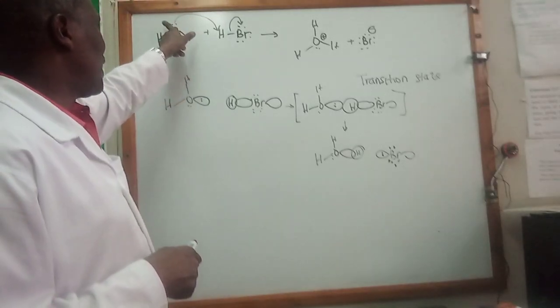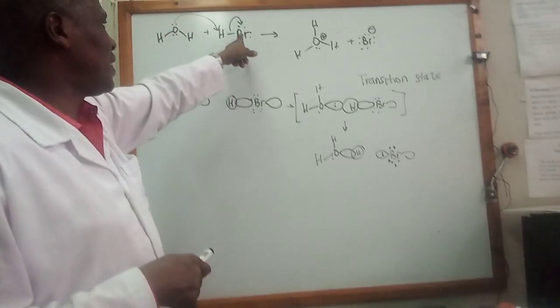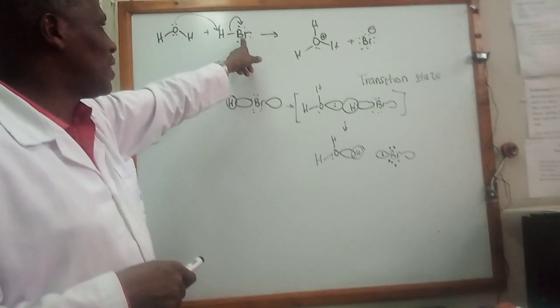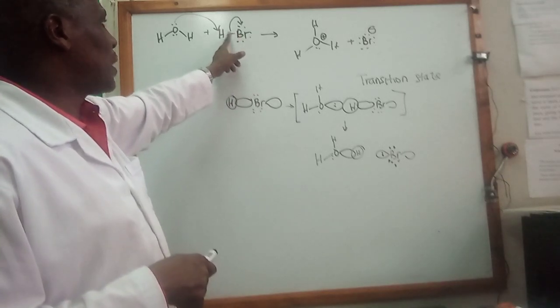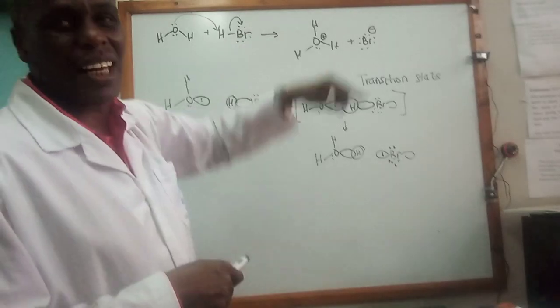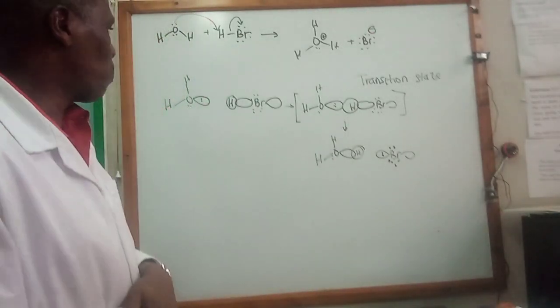If an atom has got two lone pairs, please show all the lone pairs. In this case, bromine has got three lone pairs in this structure. So when this bond breaks, it's going to be adding an extra lone pair, so it is going to have four lone pairs.